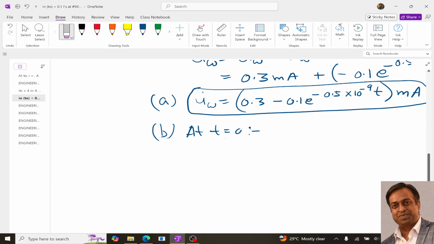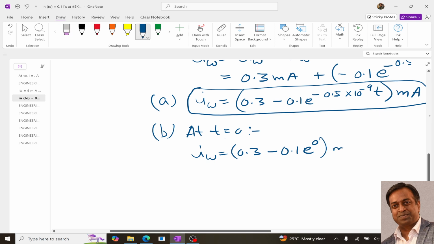Substituting this value, we will get IW equals 0.3 minus 0.1 e power 0, because t will be 0, so the exponent is completely 0. So this will be 0.3 minus 0.1 into 1.